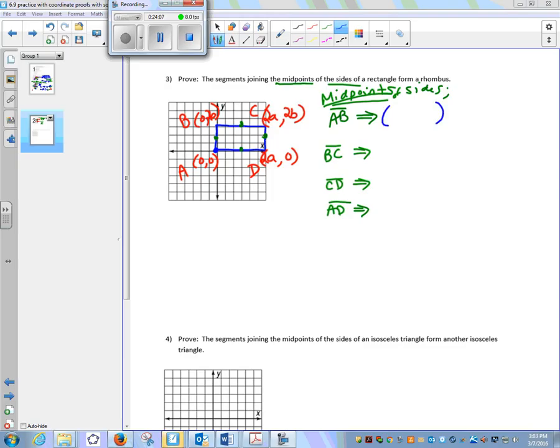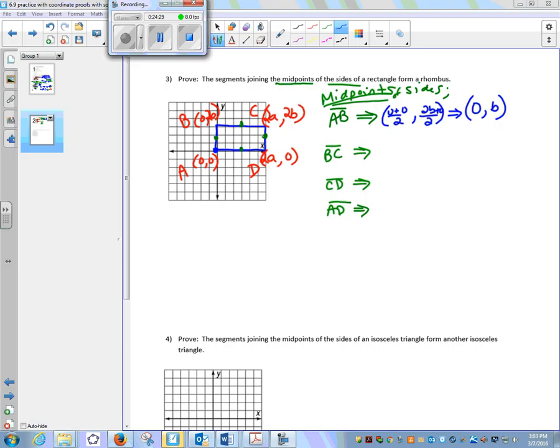Add the x's, divide by 2, add the y's, divide by 2. So AB, I'm doing 0 plus 0 over 2, and 2b plus 0 over 2. So this simplifies to 0, comma, b, which makes sense.